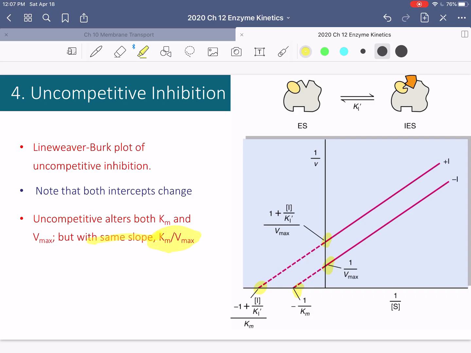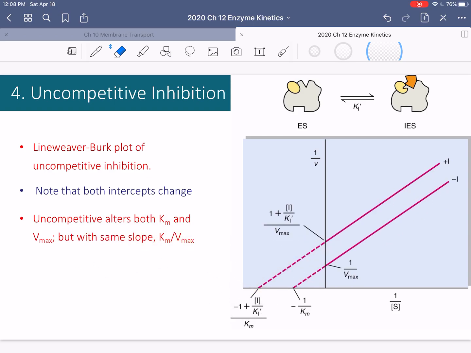Km over Vmax is constant, which means that the slopes are constant, which means that the lines are parallel. So we can tell what kind of inhibitor you have, not because the crystal structures look like these cartoons, right? We don't really know the mechanism. We can just speculate what the mechanism is based on the kinetic data.